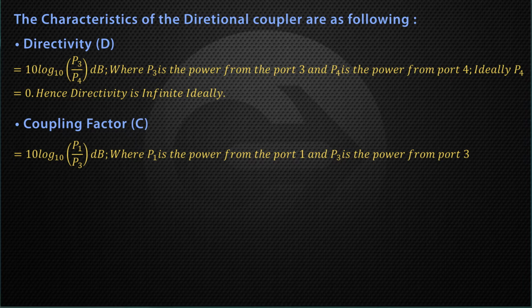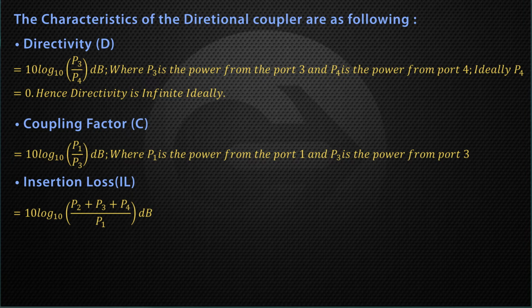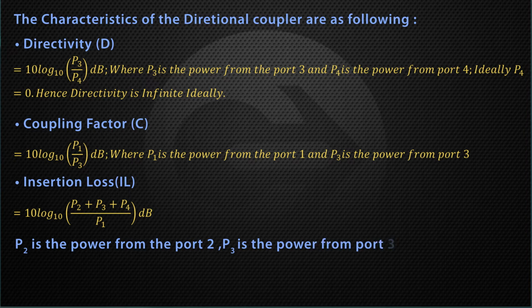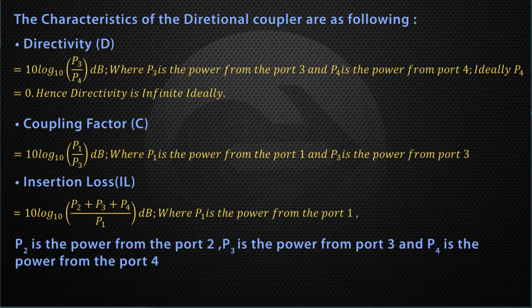Next is insertion loss, which is denoted by IL, is equal to 10 log base 10 (P2 plus P3 plus P4) by P1 dB, where P2 is the power from port 2, P3 is the power from port 3, and P4 is the power from port 4. Also, P1 is the power from port 1.